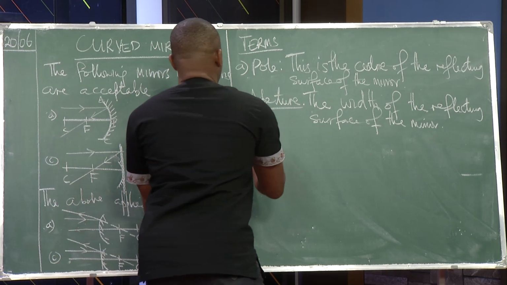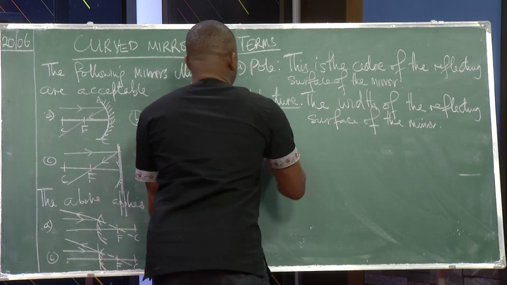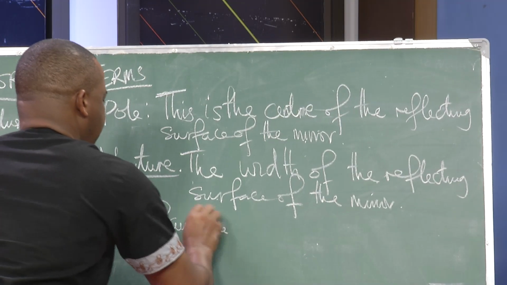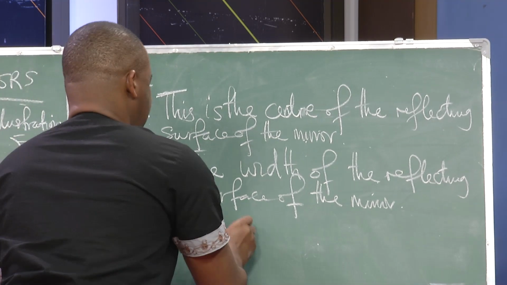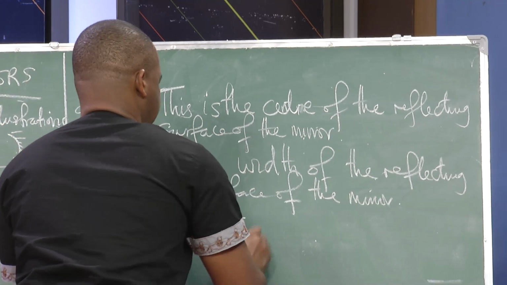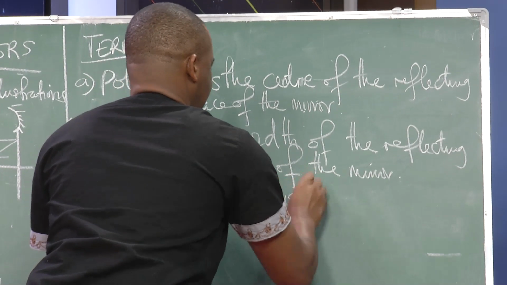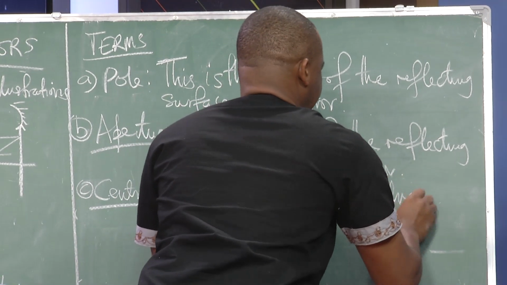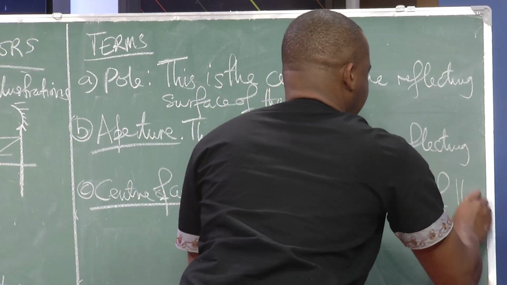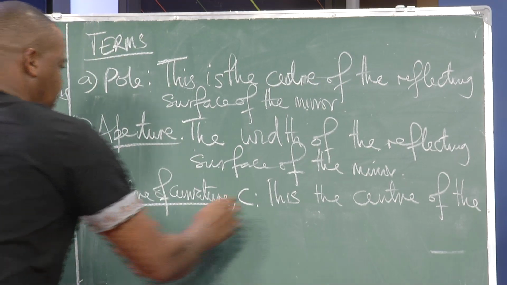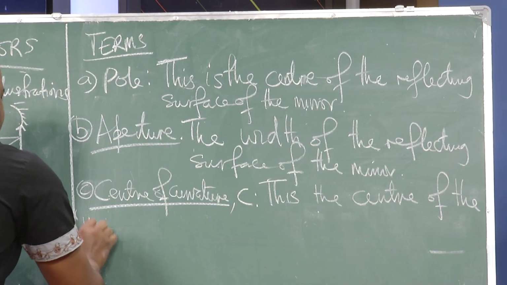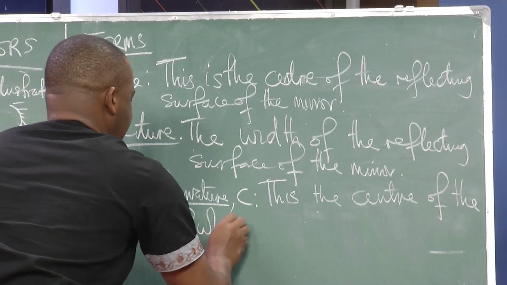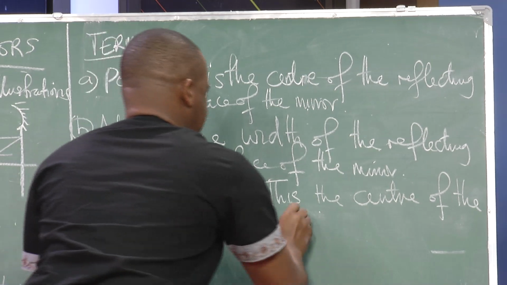The other term we can look at is the center of curvature. This is the point we are referring to as C. We can say this is the center of the sphere of which the mirror forms part.